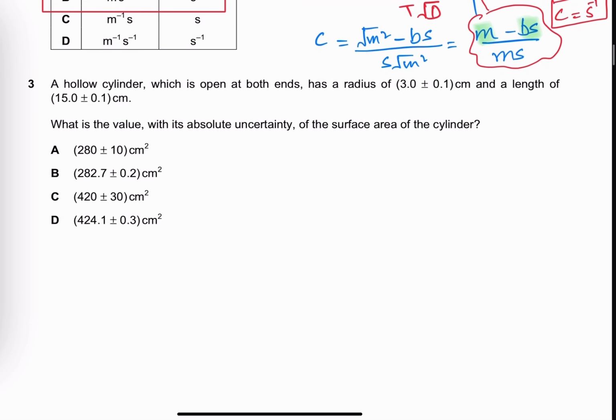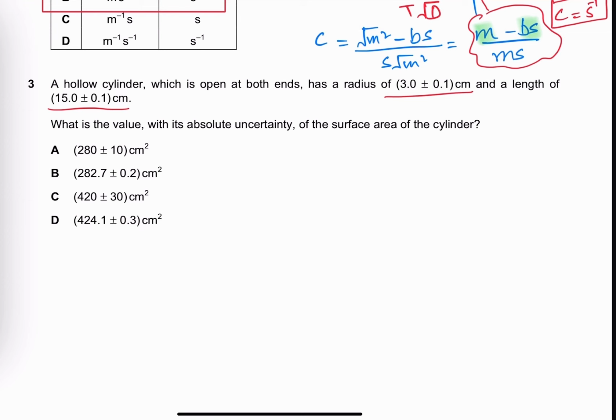In the third question, a hollow cylinder which is open at both ends has a radius of this value and a length of this value. What is the absolute uncertainty of the surface area of the cylinder? First of all, we should know the formula for the surface area.